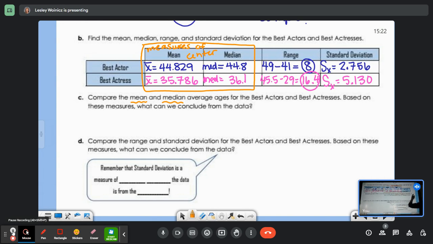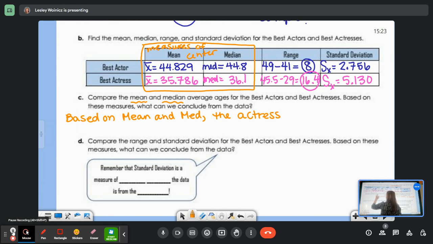All right, so based on mean and median, the actresses are younger on average.